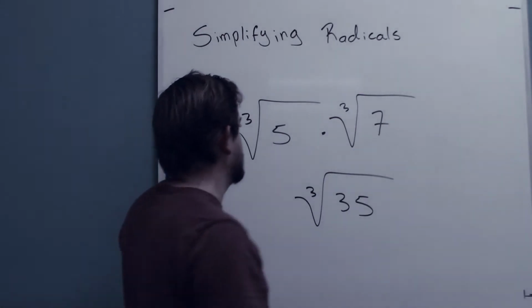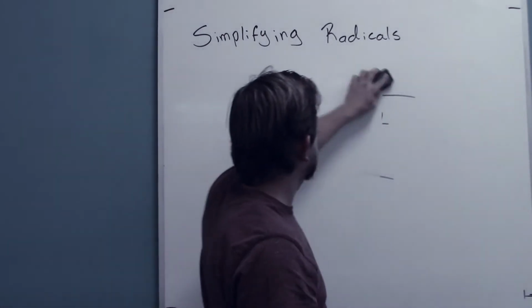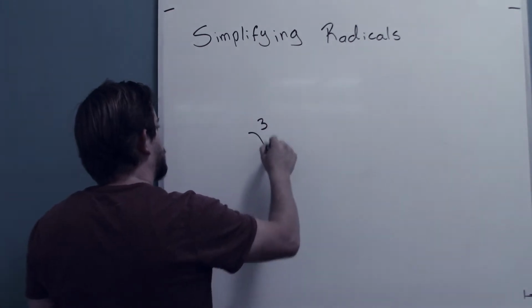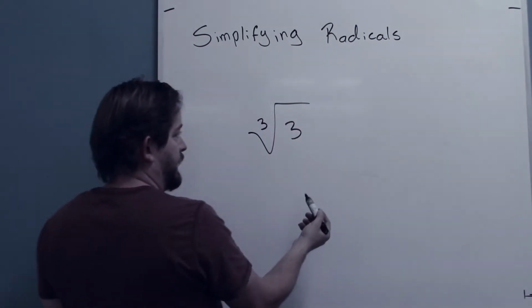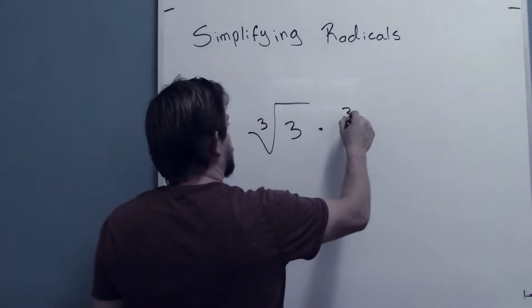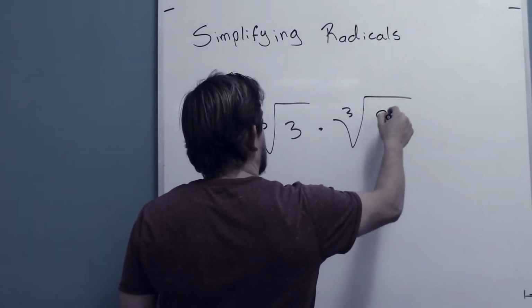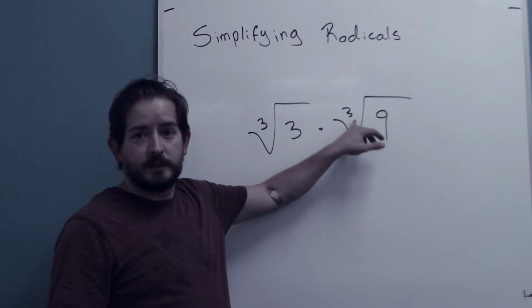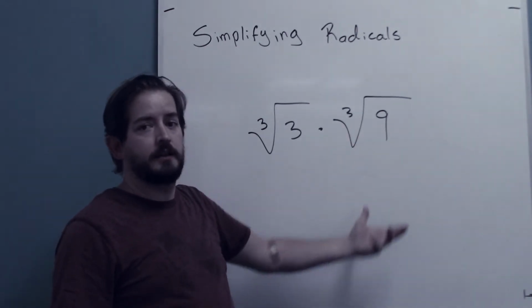But that may not always be the case. If I have, let's say, the cube root of 3, again, I can't simplify that, and I have the cube root of 9, which I also can't simplify. Because it's not the square root of 9, which would be 3, it's the cube root of 9, which is not an integer.